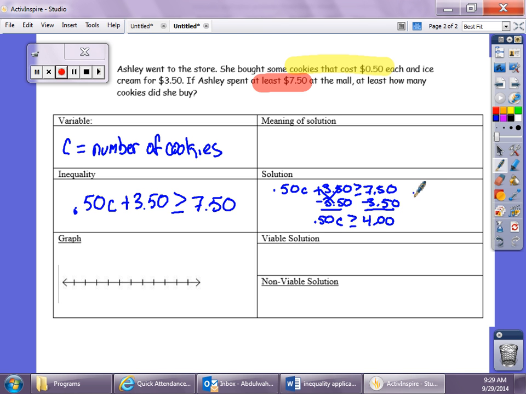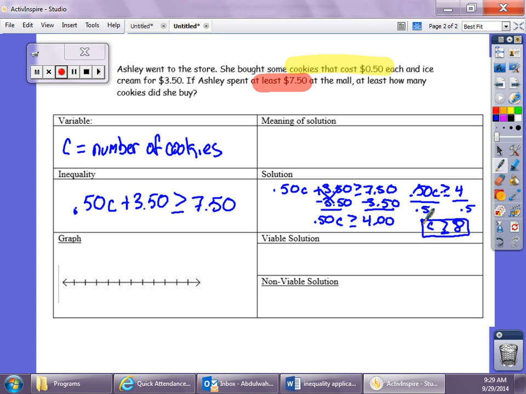So I'm going to write this up here. 0.50C is greater or equal to 4, and then we divide by 0.50. So 4 divided by 0.50 is actually 8. So C is greater or equal to 8. I'll give you a minute to finish copying that down if you haven't.